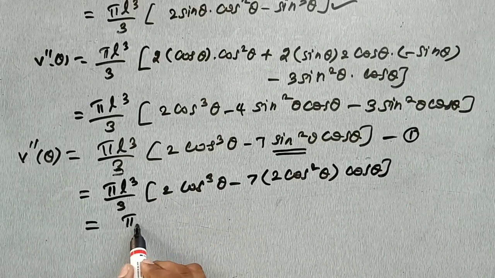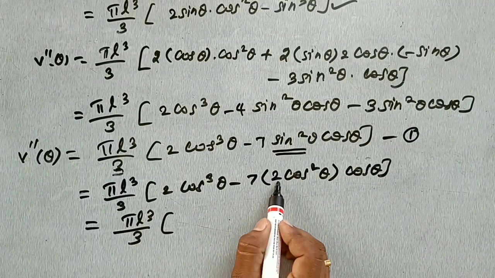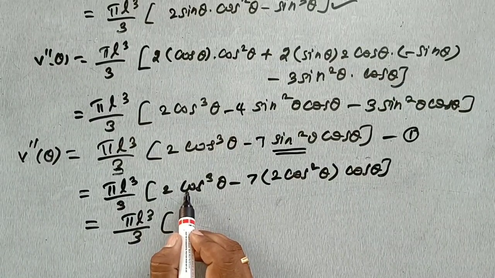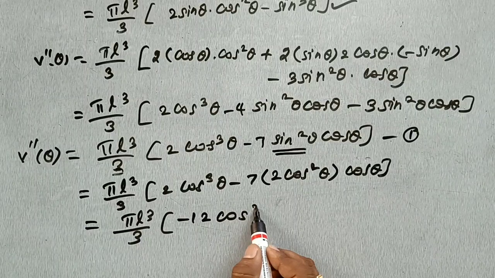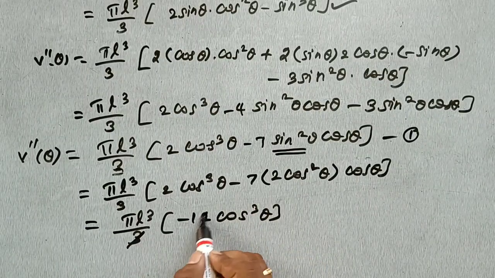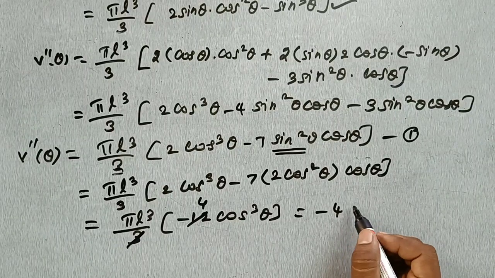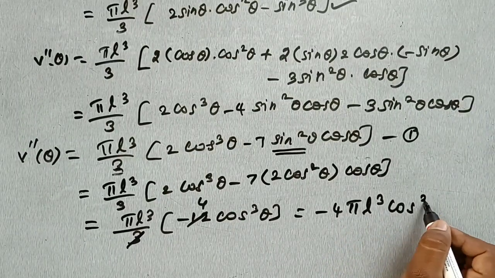So finally we will get pi L cube by 3. Here 7 into 2 is 14 cos cube theta. Here 2 cos cube theta. Adding both we will get minus 12 cos cube theta. Cancelling, we get minus 4 times pi L cube cos cube theta.